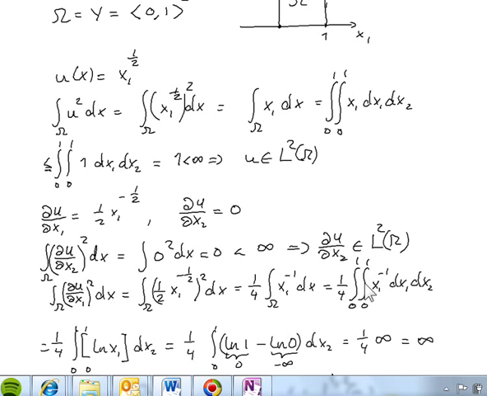And when we are taking this integral with respect to x1, we obtain the antiderivative of 1 over x1, which is just ln, the logarithm of x1.